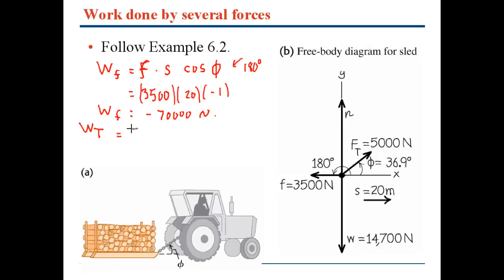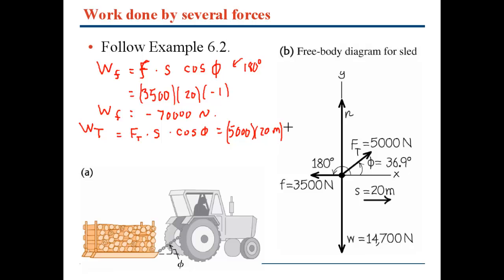We can now ask what was the work done by the tractor. That's going to be the same thing: force multiplied by the distance multiplied by the cosine of the angle between the tractor's force and the displacement. That angle is 36.9 degrees. We know that the tractor is exerting 5,000 newtons. It pulls the sled by 20 meters.